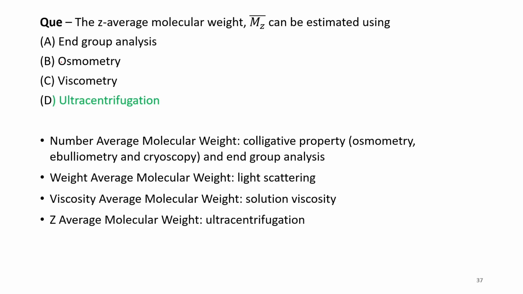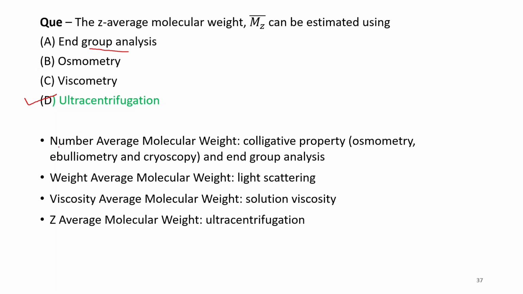The Z average molecular weight can be calculated using the ultracentrifugation method, because end group analysis is used for the Mn value, the number average molecular weight, and osmometry is also for Mn, and viscometry is for the viscosity average molecular weight. So ultracentrifugation is the correct answer.